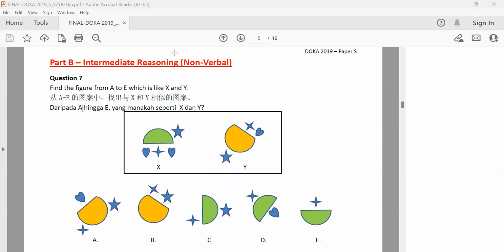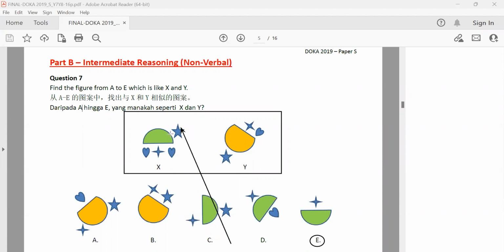E is the answer. So of course, sometimes for MBR questions can come to argument, right? Like some students will mention about, teacher, why can't I accept C? Okay, because here a star is next to the curve. So if C, there's a star next to the curve, I think I can accept it. Okay, but how to explain this one?